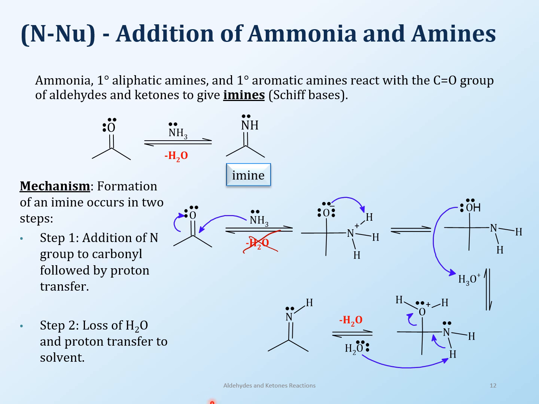This is how you lose water, but in this reaction you need water also. It's not like this is happening just by itself. But you do generate the oxides here, which means that this is not an acidic mechanism. In any case, this is the formation of what we call an imine. So when you react an aldehyde or a ketone with ammonia or any of the nitrogen derivatives, you end up getting imines.